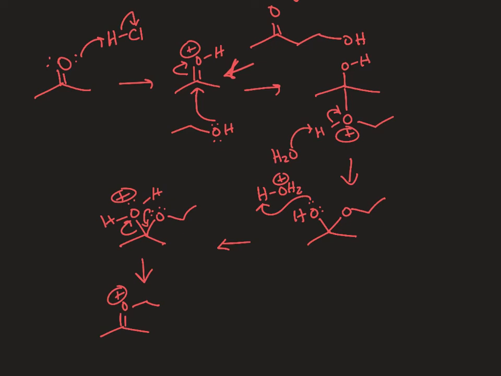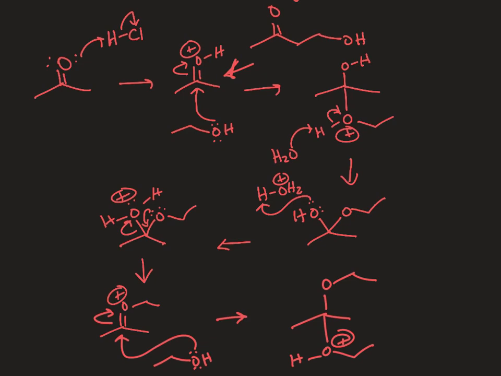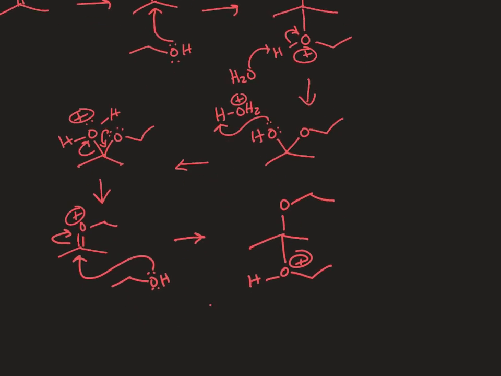Again, we have an activated carbonyl, so another molecule of the starting alcohol will come in and attack again. And we basically repeat this process. We have a tetrahedral intermediate again. We will deprotonate with water.